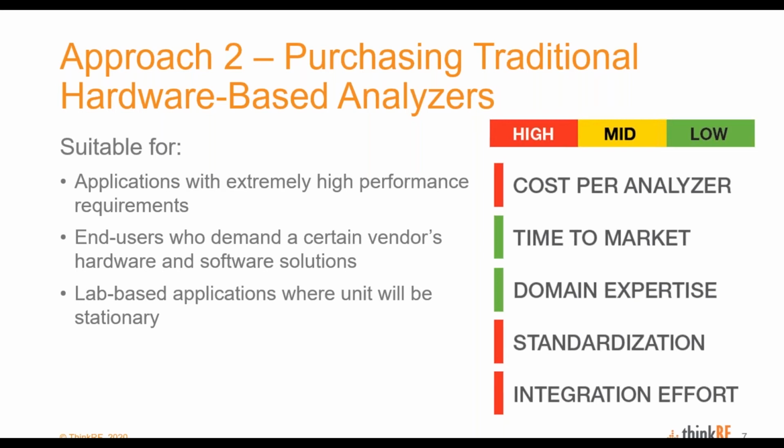Here you would use higher cost analyzers, and the cost per analyzer then tends to be high. On the other hand, because these things are already commercially available, the time to market tends to be lower, and you don't need the domain expertise from an RF perspective in order to achieve what you're trying to do. However, standardization and integration effort tends to be higher, and that also has a cost impact.